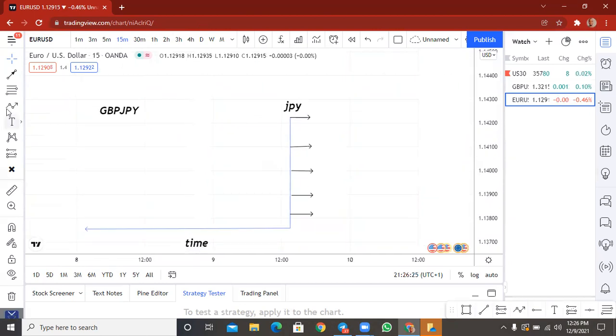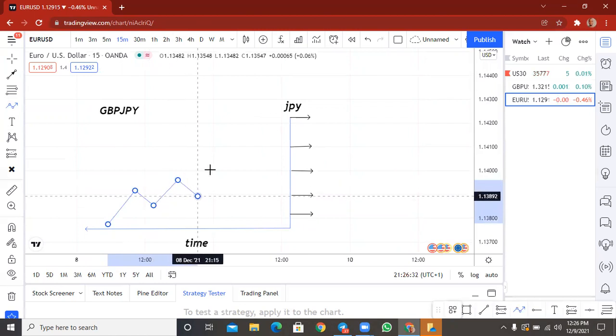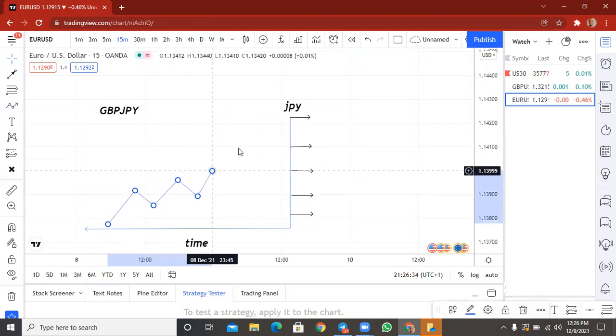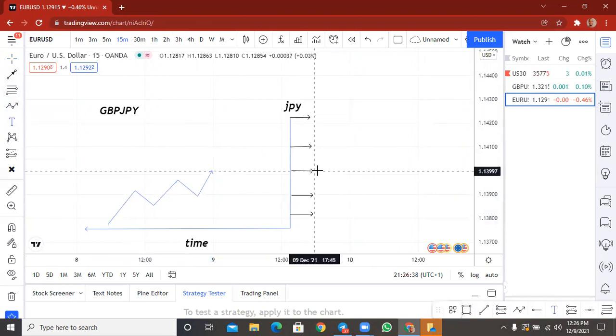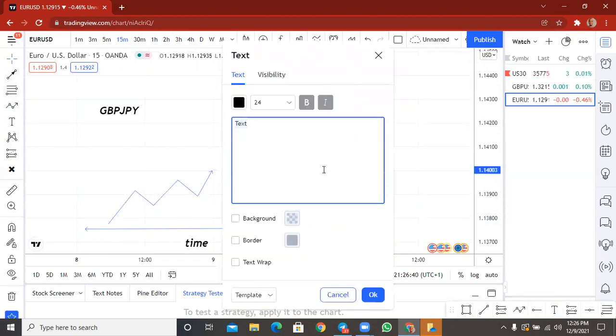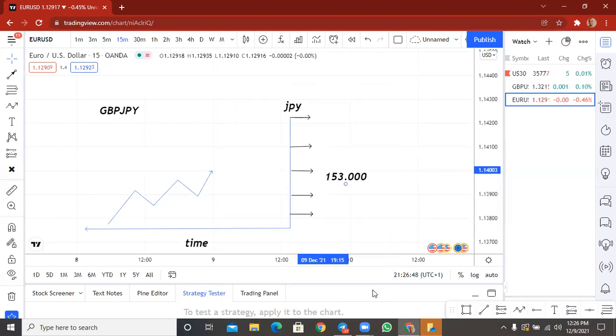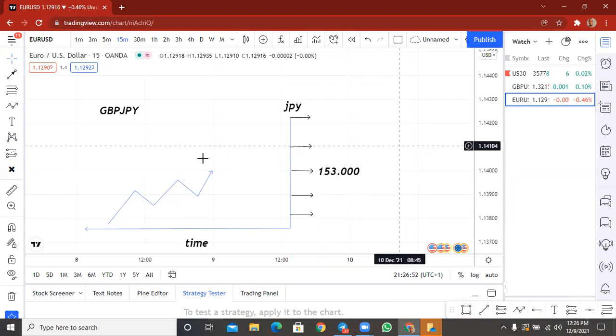For instance, you have this, 153.00. So what's the meaning of this?